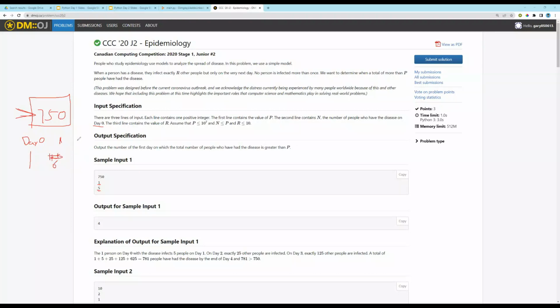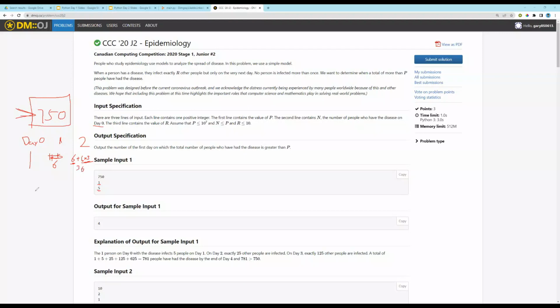That becomes 6. On day 2, this will become 6 plus 6 times 5, because we already have the 6 people who are infected, but then we also have the new 30 people, because each of them can infect 5 people.